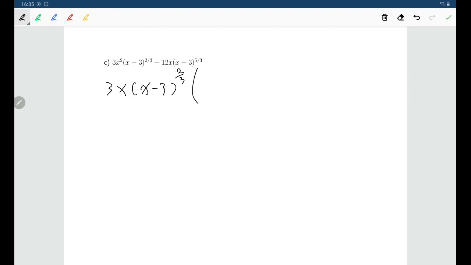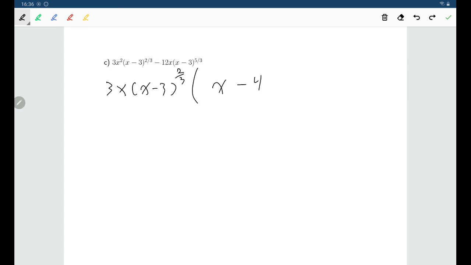So let's see what's left over. In the first term, we have 3 was taken out, so the 3 is gone. From the x squared, we could take out an x, and that'll leave me with just x behind. The x minus 3 to the 2/3, I took all of that out, so all of that's gone. So for the first term, the only thing left behind would just be x. For the second term, 12, factoring a 3 out would leave 4 behind. We had x, we factored x out, so that's gone.